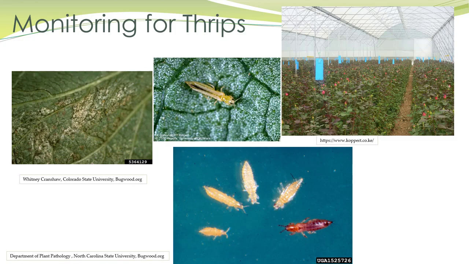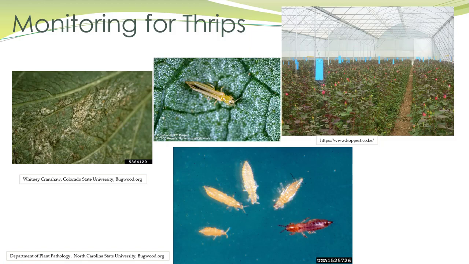You have the life cycle you need to think about, and on the top here we've got a western flower thrips with wings. This is an adult. Below that is another type of thrips, and you can see they are very tiny, and these are the different stages. They're nymphs. They have gradual metamorphosis or simple metamorphosis, so they don't really change a whole bunch. The adults often have wings. That's really the big difference.